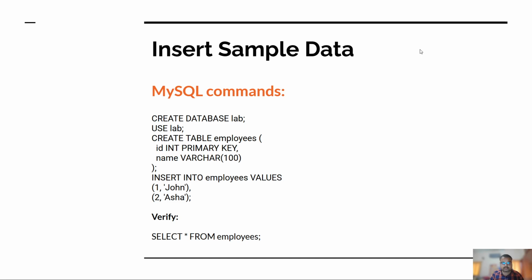Let's say that ID is 1 and name is John, comma, name is, let's put one more data. Then we run this query.